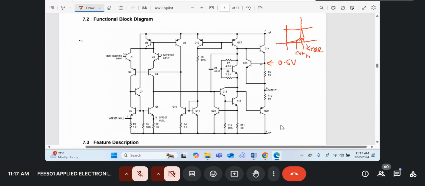This could correspond to maybe 0.65 volts, depending on the temperature. Let's assume that the knee voltage is our cut-in voltage, just to make life easy. So this could be maybe 0.6 volts. Let me use 0.6.